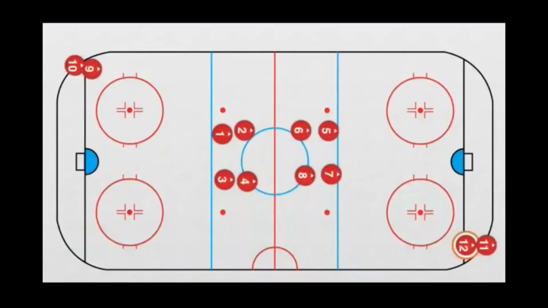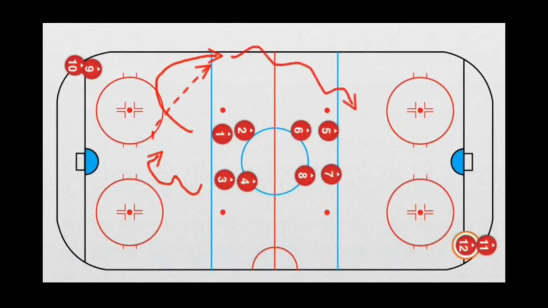In the second drill we go much more on rebounds, a lot of shooting for the goalies. So player number 1 goes this way and player number 3 has a puck and he plays the pass to this player. A lot of speed right now. This player plays a pass over here, he plays a pass over here.